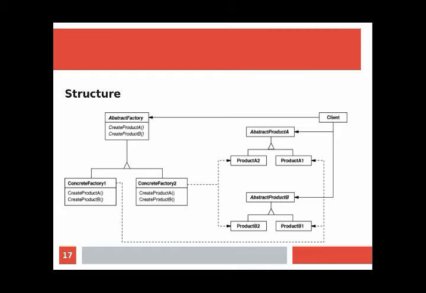Here abstract product A, in which there are product A1 and product A2, and abstract product B, in which there are product B1 and product B2. Then client to abstract product A and client to abstract product B, and again it leads to concrete factory 1 and concrete factory 2, which is the abstract factory, in which create product A and create product B.